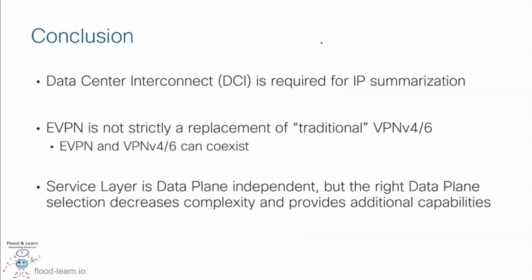SR MPLS can offer fast reroute. SRv6 can also offer fast reroute, service chaining, and so on. So there are different options in terms of programmability. We will talk about this programmability in the next sessions of this Flat and Learn. If you follow the next sessions, you will get more clarity on why SR MPLS and SRv6 are interesting data plane options.